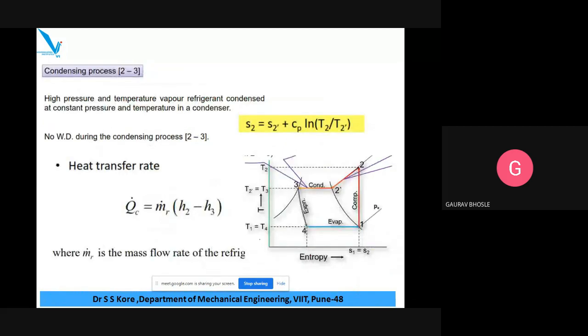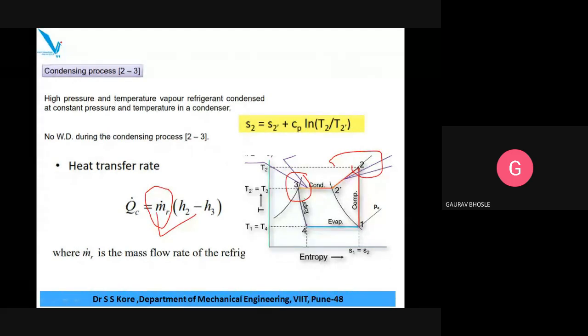Now we have to find the amount of heat rejected in the condenser. So you concentrate on this formula. Q is the mass of refrigerant into the change in enthalpy across the refrigerant. What is the change in enthalpy? H2 minus H3.